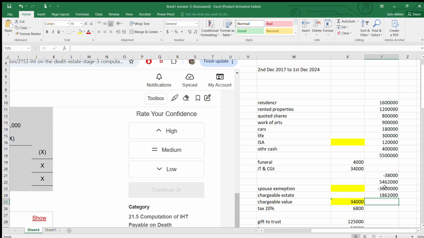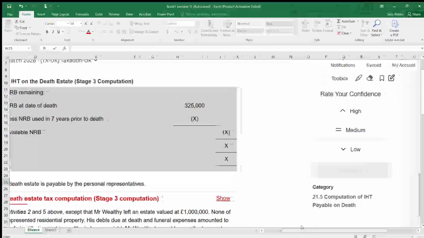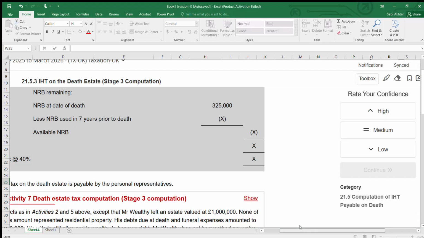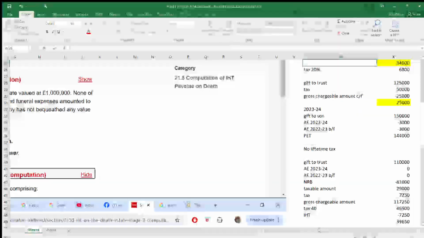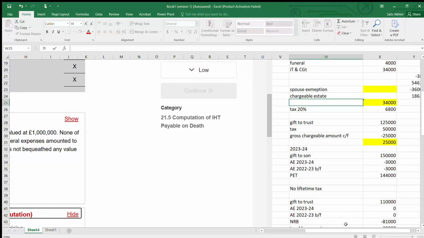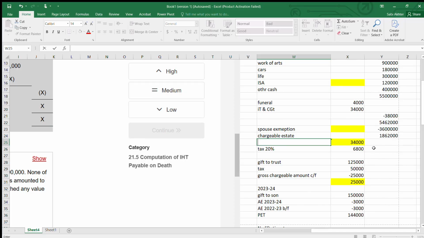Now, the nil rate band. So nil rate band you have already utilized. If you calculate, go back to the activity 4 and 6, you have utilized all the 4 gifts. If you add up gross chargeable value within 7 years, the first 3 gifts have utilized it. So now you don't have anything left for the nil rate band.